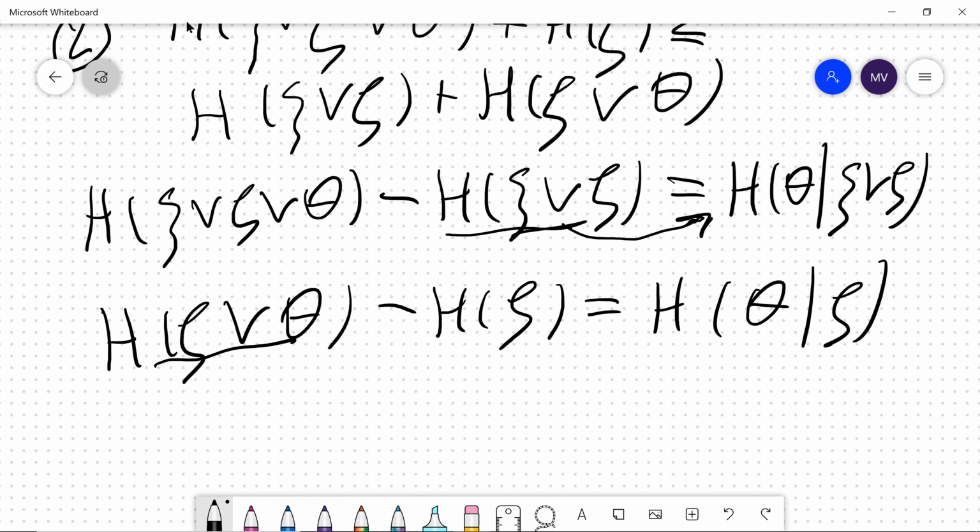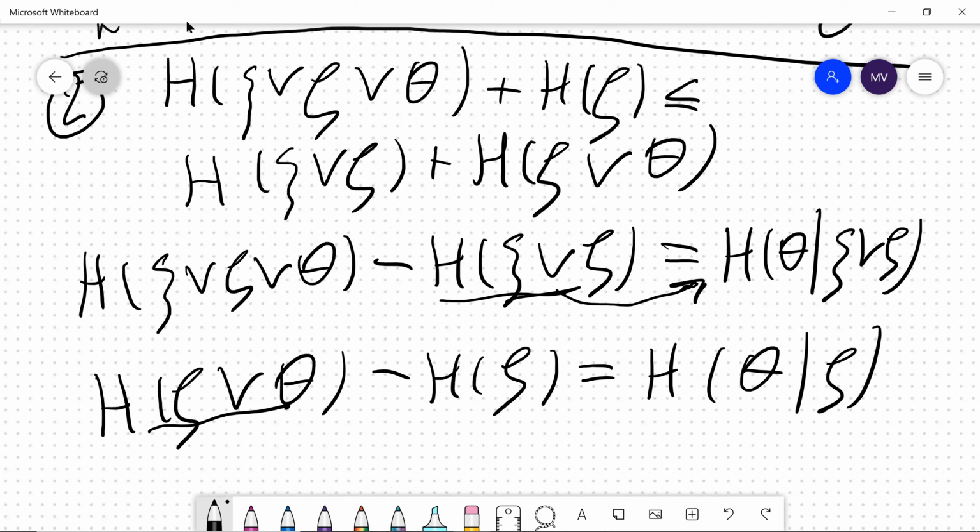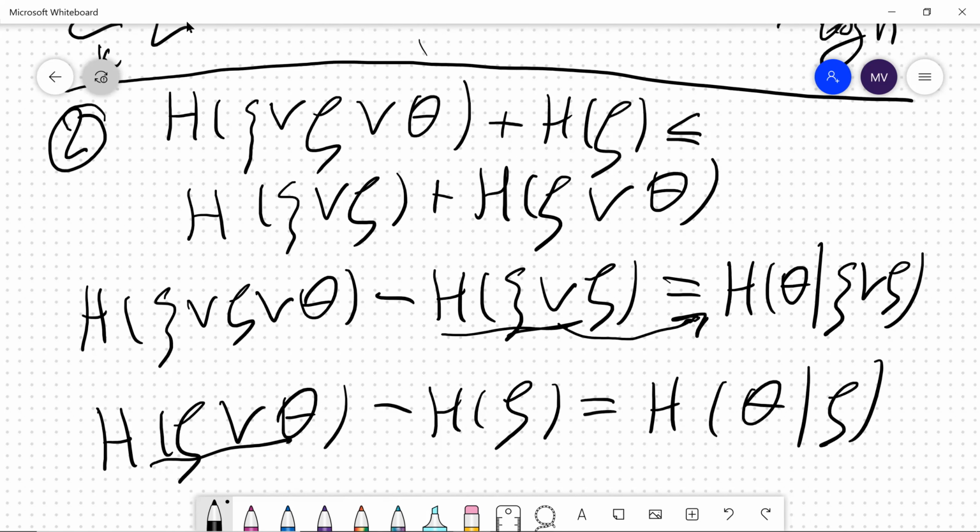And these two equalities, if we apply them, we can easily see that they indeed prove the second property of measure entropy.